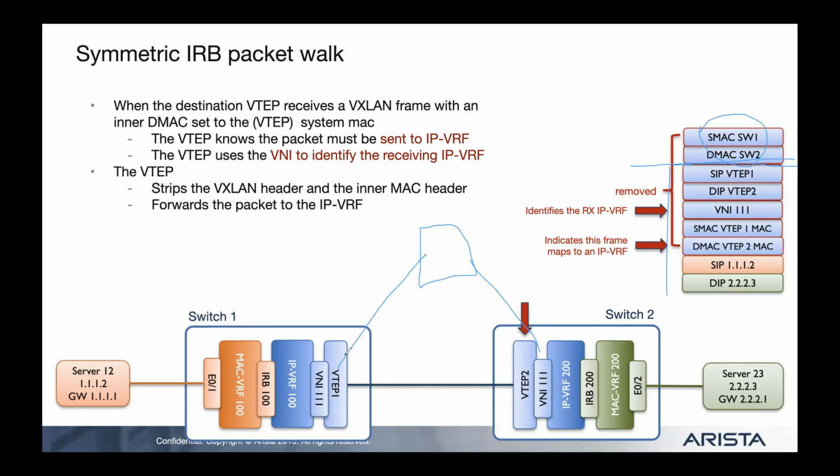Yes. If you have a spine here, all this information from here down is going to remain the same. The only thing that changes is the source MAC and destination MAC. When this packet goes out, source MAC is this and destination MAC is this outer. When it goes out from here, your source MAC will be this and destination is this outer. I'm talking about the outer source MAC and destination MAC. Otherwise, it will all remain the same.